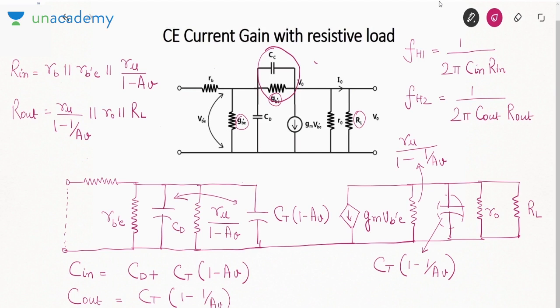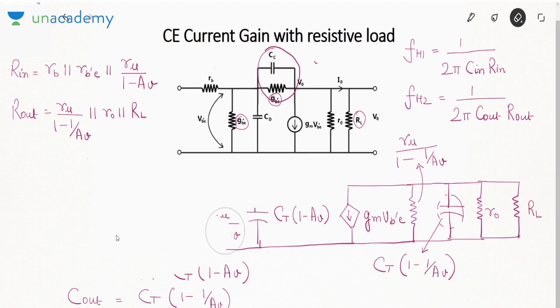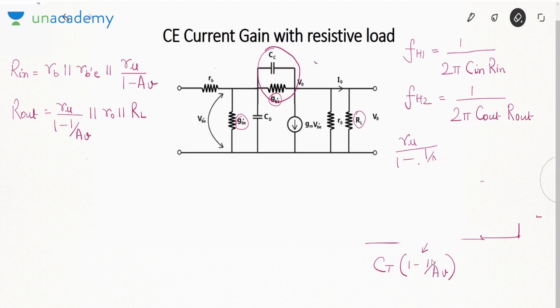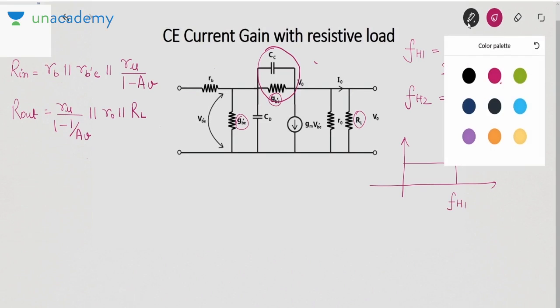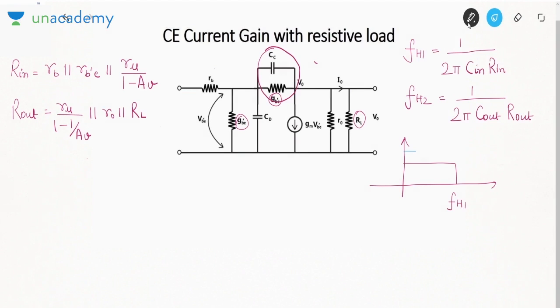Okay. Now the question comes, which frequency do I have to take? Whether I have to take the input frequency or the output frequency. I told you in the low frequency response that we consider the maximum, but see here. The upper cutoff frequency represents a response something like this. Suppose this is FH1. Suppose this is FH2.